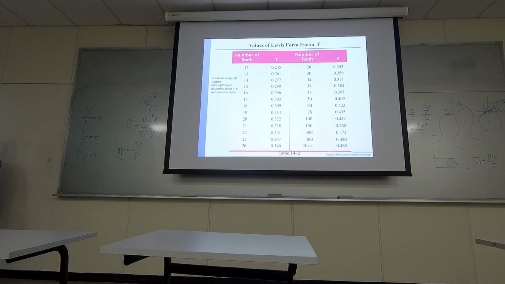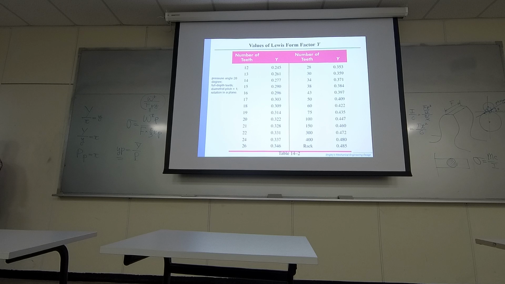So the textbook started to provide tables and general equations and a lot of correction parameters to the Lewis form equation. Now, I will quickly go through those for your future reference.